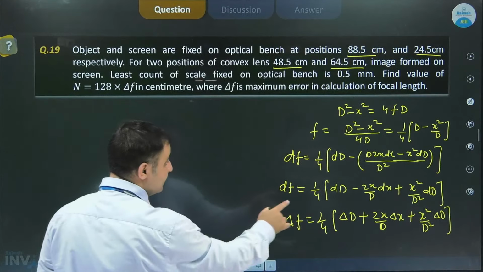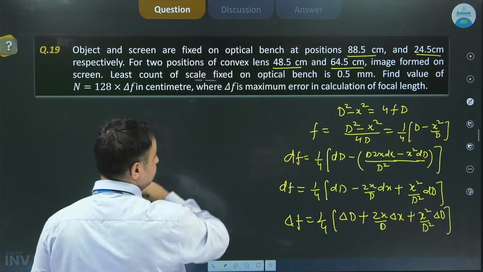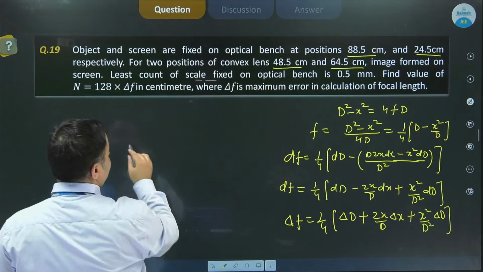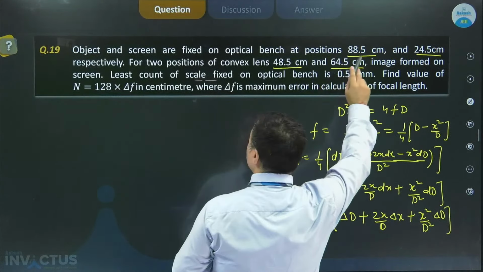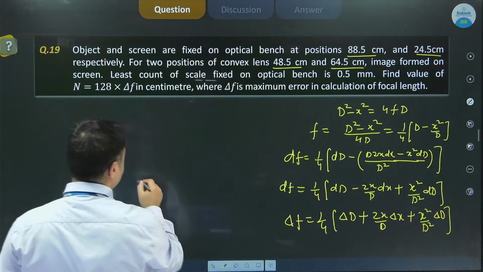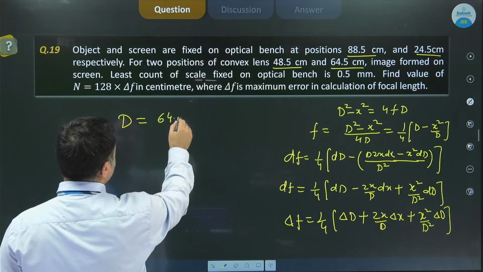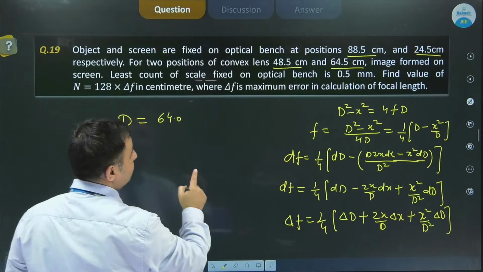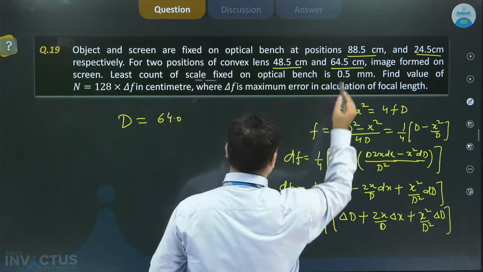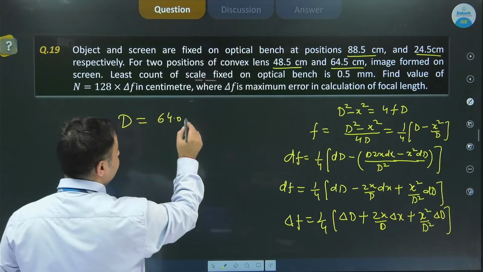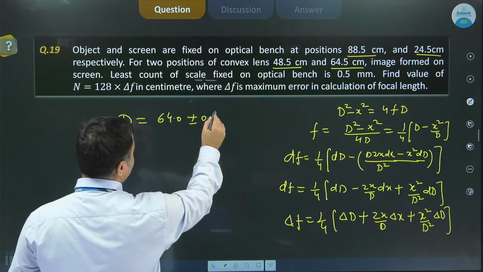Now what is delta d and delta x? We can see the difference of these two positions is d, which is equal to 64.0 centimeter, with a resolution of 0.1. A resolution of 0.1 means plus minus 0.1 centimeter.